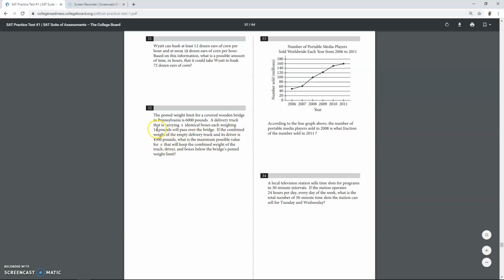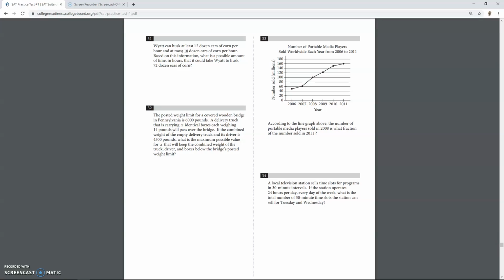So the possible amount we can carry at most will be 1,500 pounds. When we divide 1,500 pounds by 14 pounds, it gives us 107 point something, which will not be more than 107 in any case. So the answer will be 107.